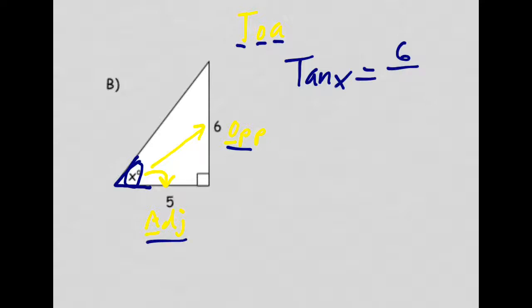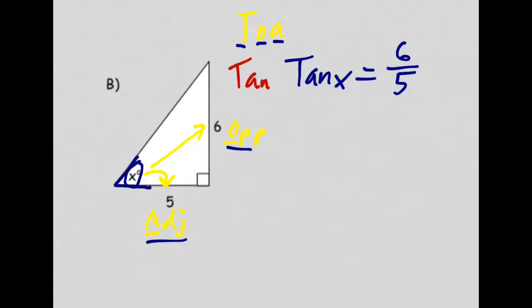It touches the angle, right? So I've got opposite and adjacent, OA. So I'm going to use my TOA. Tangent equals opposite over adjacent. So I'm just going to say tangent of x, that's my x right here, equals my opposite, which is 6, over my adjacent, which is 5.